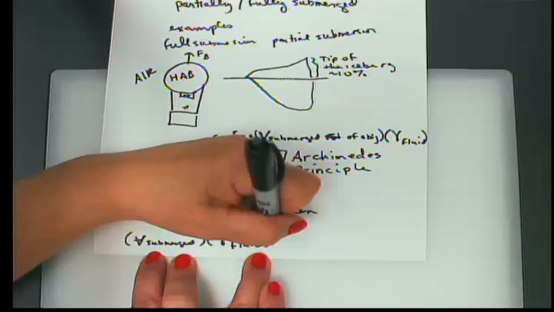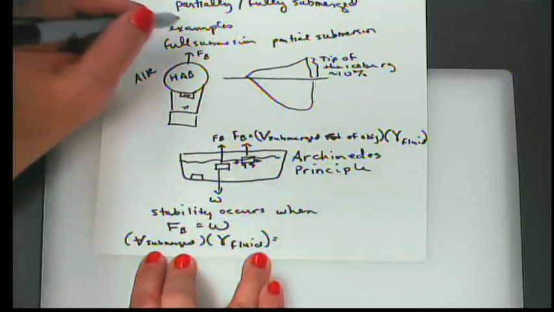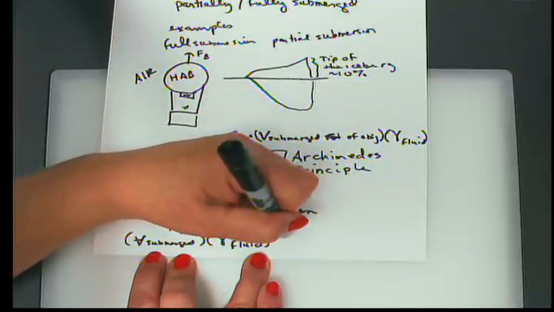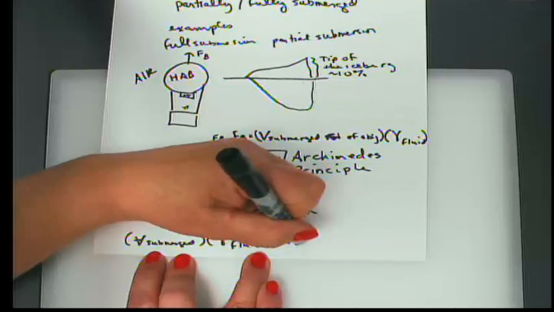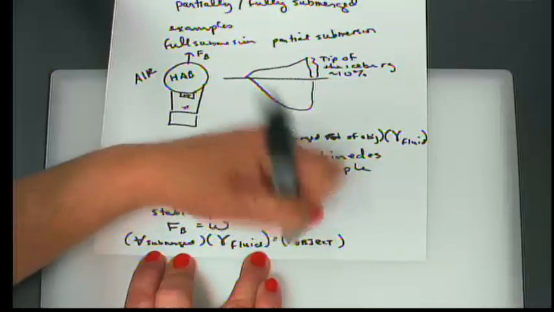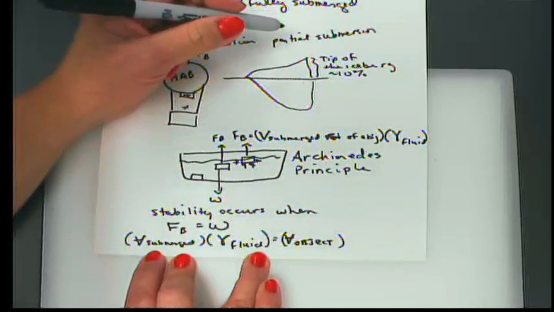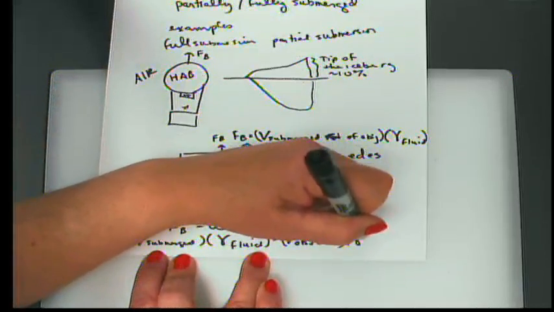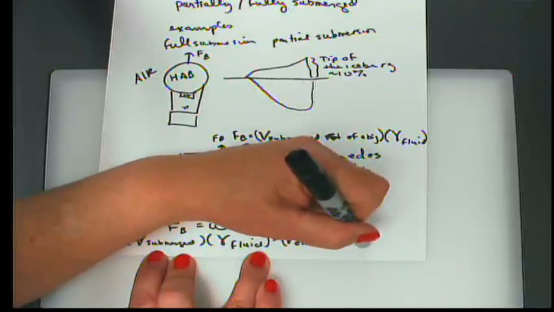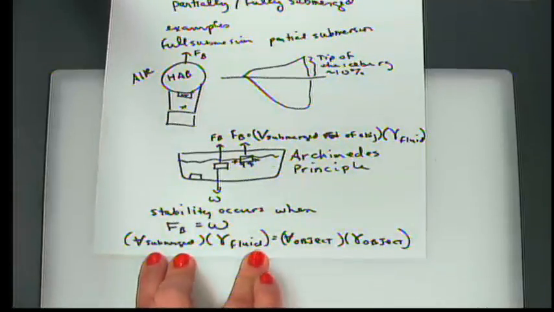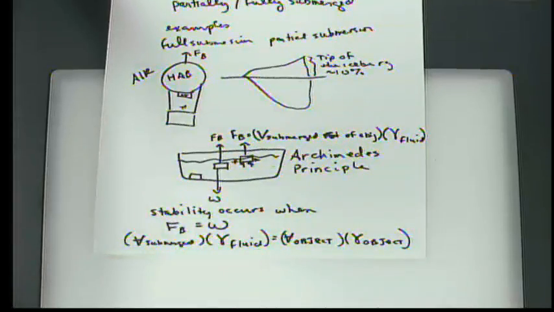And the weight is what the weight has always been, whether it's partially submerged or fully submerged: the weight is still the same, which is the volume of the object, not just the submerged volume in the case of a partially submerged object, but the entire volume of the object times the specific weight, not of the fluid, but of the object. And this determines how something floats.